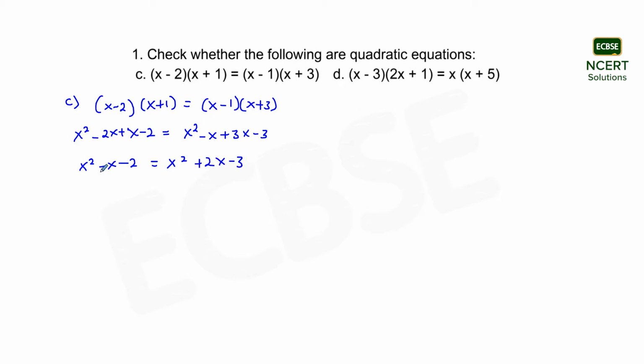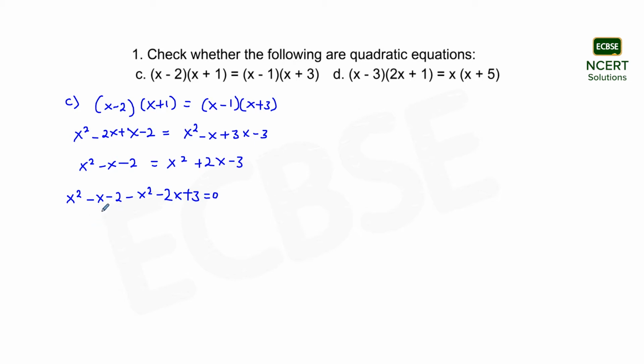Now taking right hand terms to the left hand side, or I can take it the other way around, left hand side terms to the right hand side as well. The choice is yours. Here I am taking the right hand side terms to the left hand side. So I'll get x² - x - 2 - x² - 2x + 3 = 0.